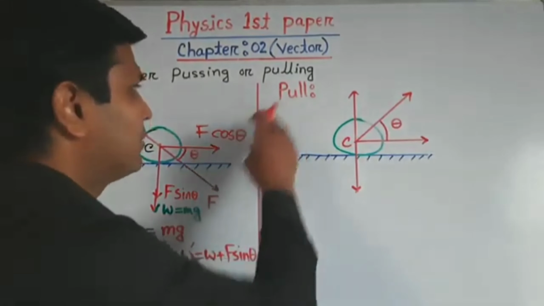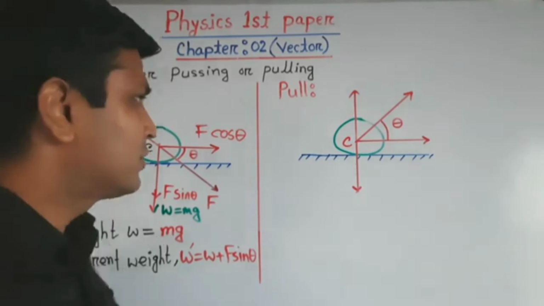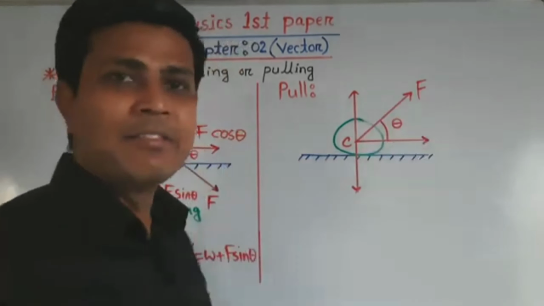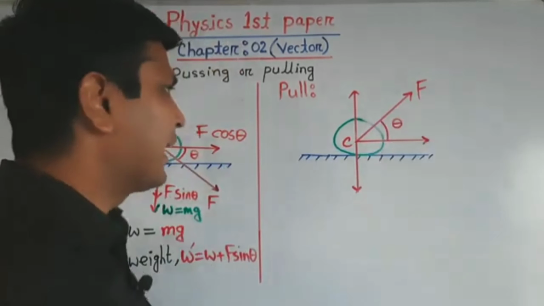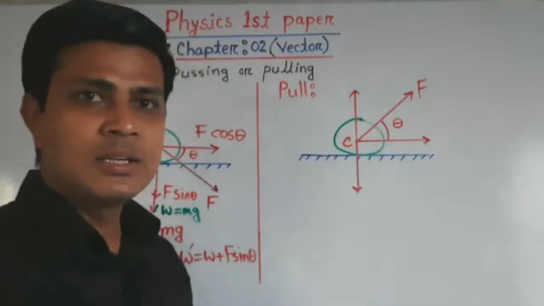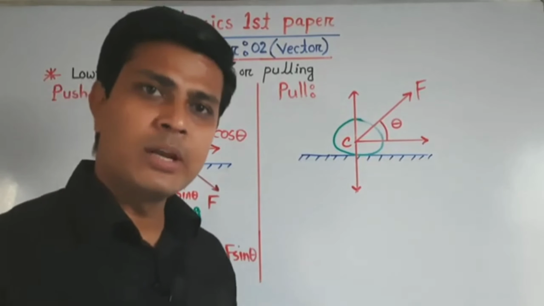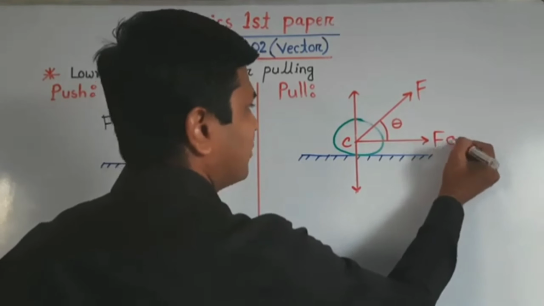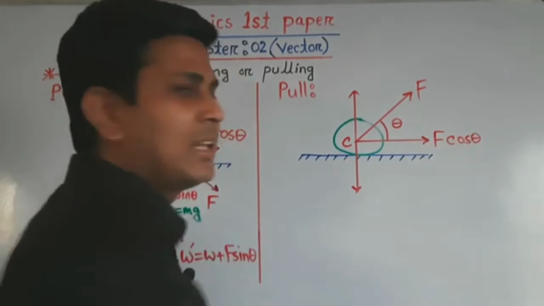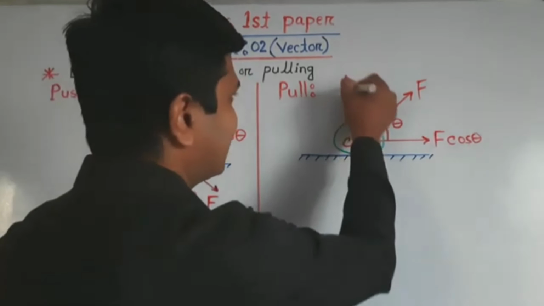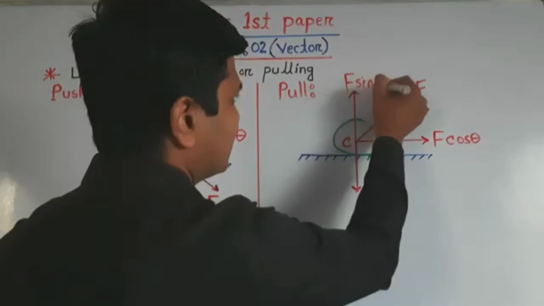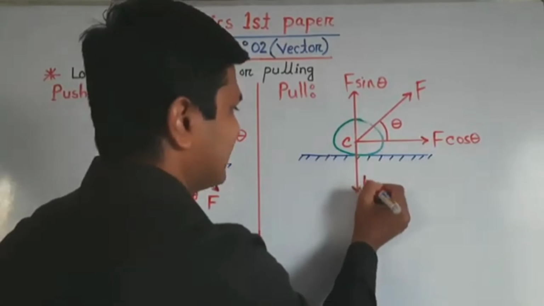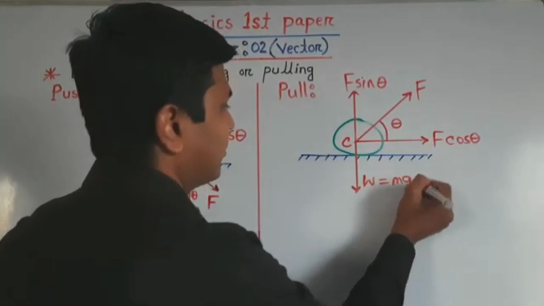In case of pull, suppose this is a lawn roller and the lawn roller is pulled by F amount of force by making an angle theta with the horizontal plane. So it has two components. One is the horizontal component, which will be F cos theta, and the vertical component will be F sin theta. And the weight of the body acts downward, that is W equals mg.